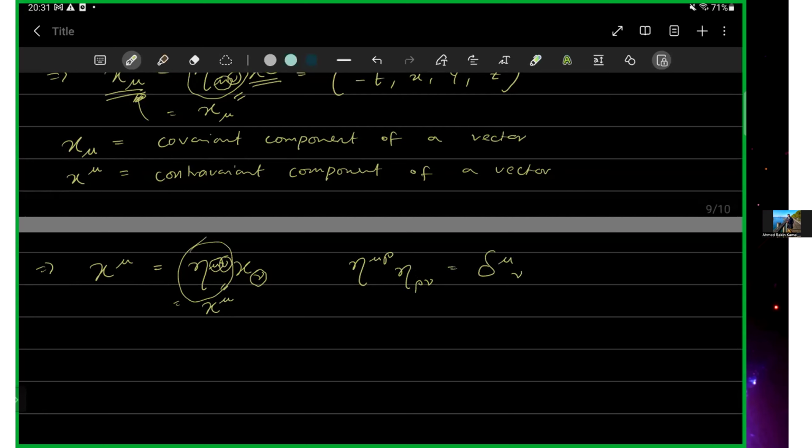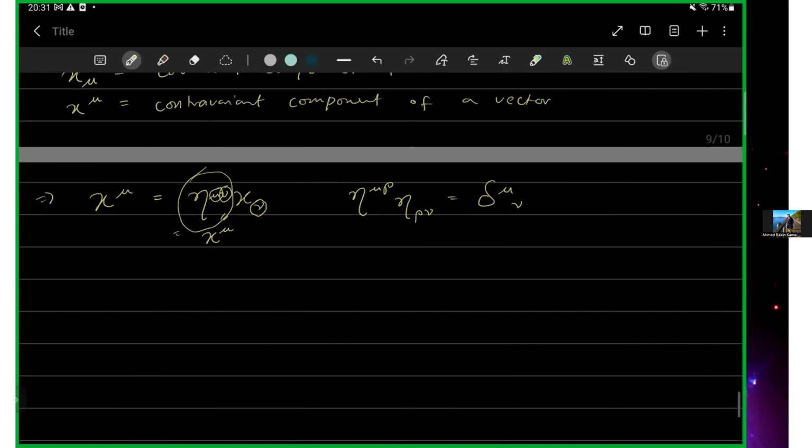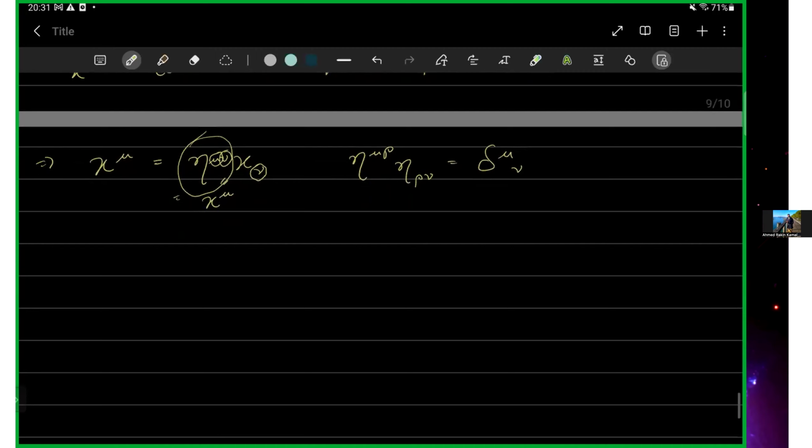So one of the more important covectors, or an example of a covector as such, is ∂_μ, which is defined as ∂/∂x^μ, which has components ∂_t, ∂_x, ∂_y, ∂_z, if you're working in Cartesian coordinates.